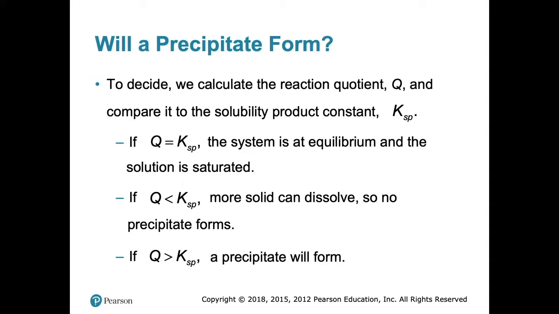In acid-base equilibria, if Q equaled Ka or Kb, or in chemical equilibria, Kc or Kp, your reaction was at equilibrium. But specifically here, in solution equilibria, if Ksp equals Q, then your solution is saturated.